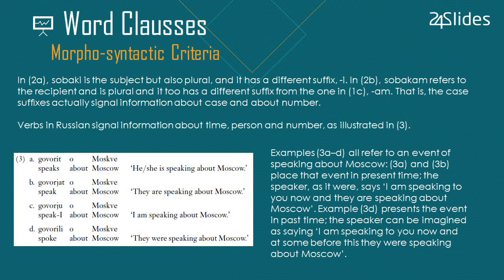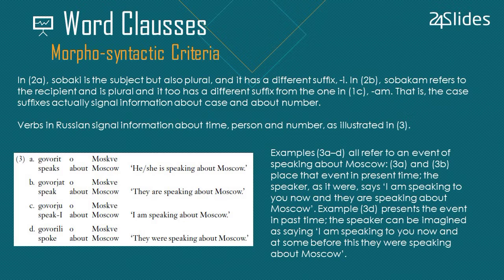In 2b, sobakam refers to the recipient and is plural, and it too has a different suffix from the one in 1c. That is, the case suffixes actually signal information about case and about number.